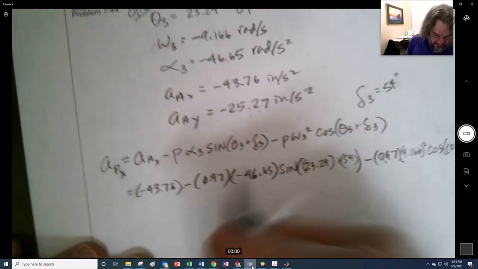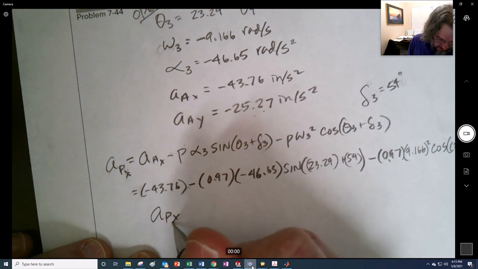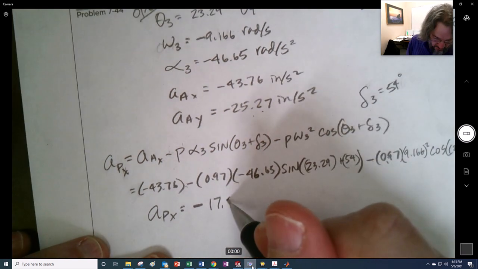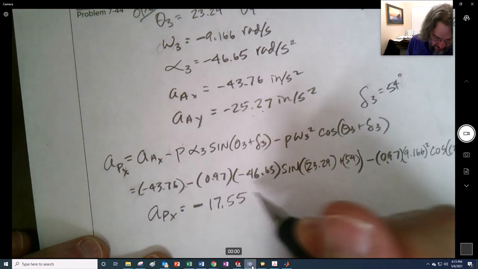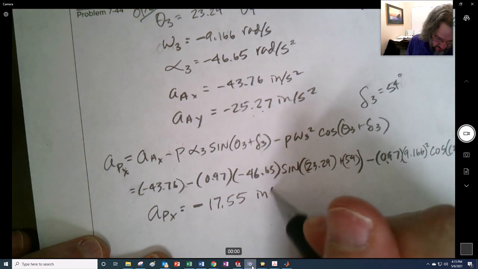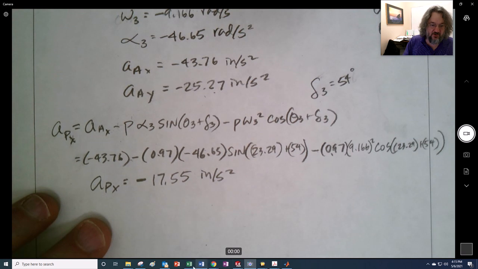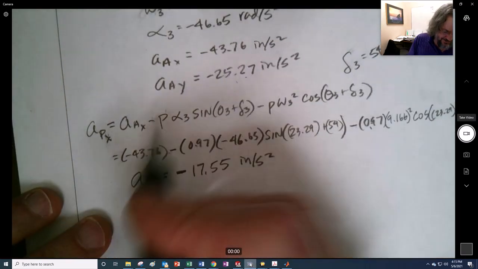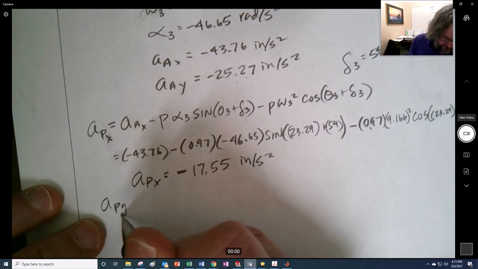And I get A_Px equal to negative 17.55 inches per second squared. Fingers crossed. 17 points there, right in between. Yes, yes, yes. All right. Did something right.